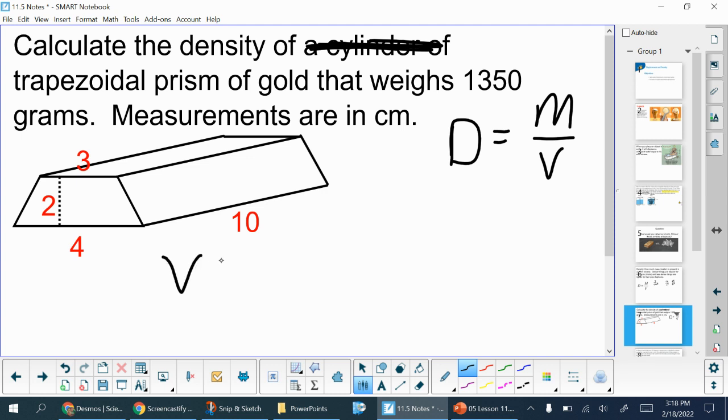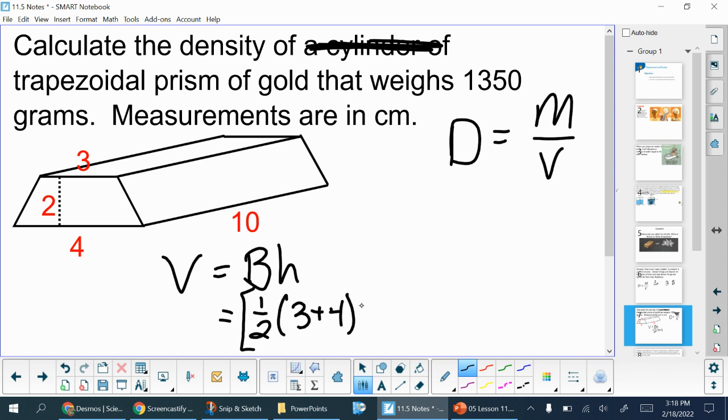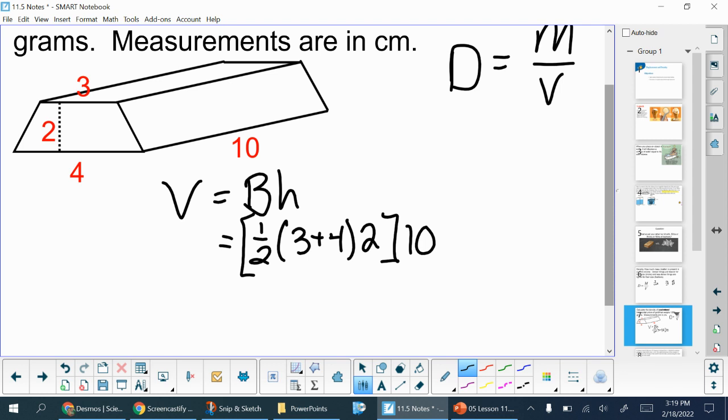And so this is a prism. The volume is going to equal the area of the base times the height. It is a trapezoidal prism, so we've got the area formula for a trapezoid, 1/2 times (B1 plus B2) times H. And then the height of the prism is 10. And so we'll go ahead and do that.